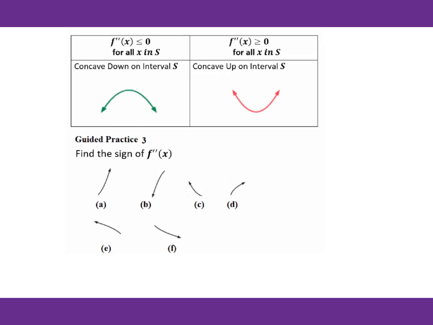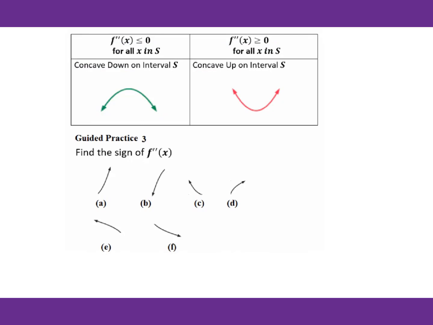Now let's talk about the sign of the second derivative. If the second derivative of f of x is less than or equal to 0, then the graph on this interval will be concave down like this. When the second derivative of f of x is greater than or equal to 0, then the graph on the interval will be concave up like this graph.